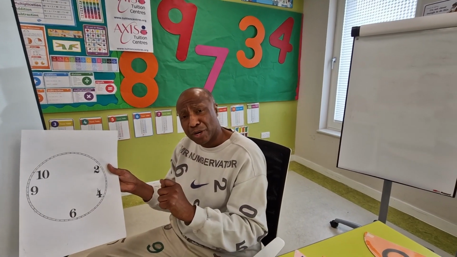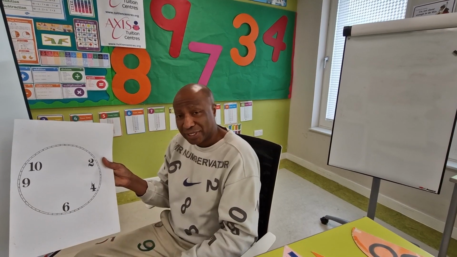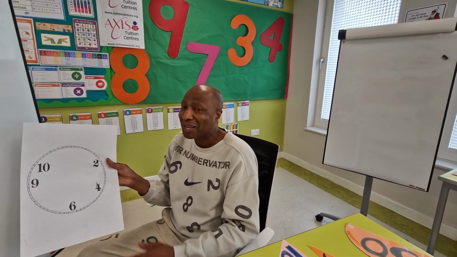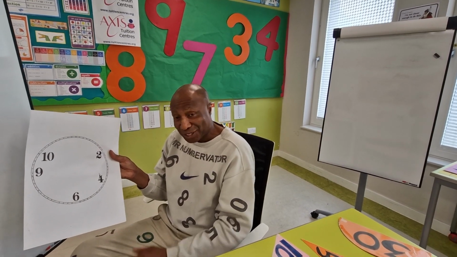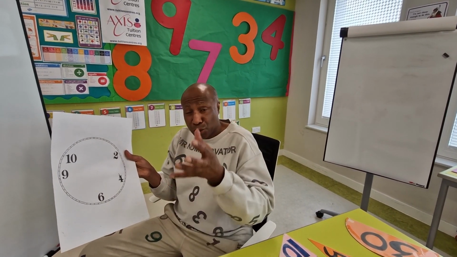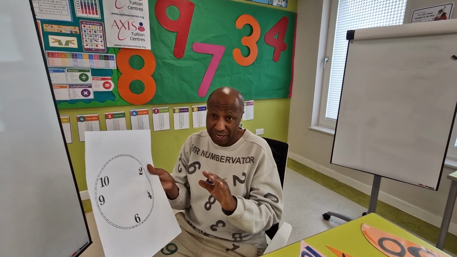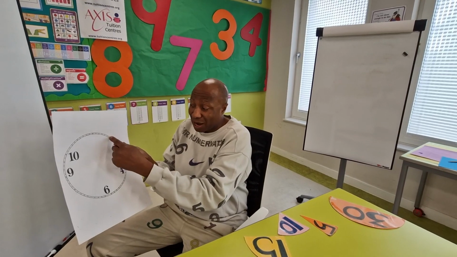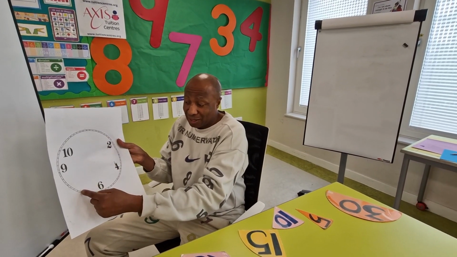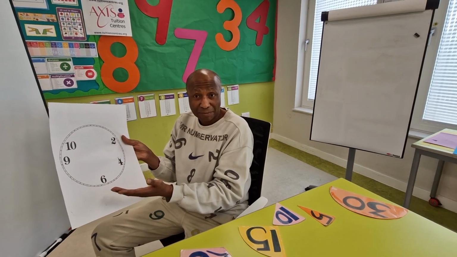So what number do you think is diagonally opposite the 2? Yes, you're correct. It is the 8. So can you see already you're making sense of where the numbers are on a clock face? Then you've got the 1, which is diagonally opposite the 7. And that's your clock face.